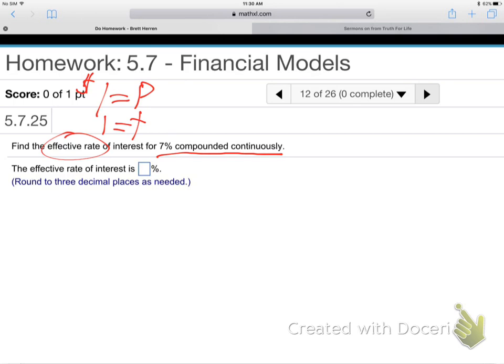So use the PERT formula. And when you get your answer, subtract out the original dollar and change the decimal back to percent.